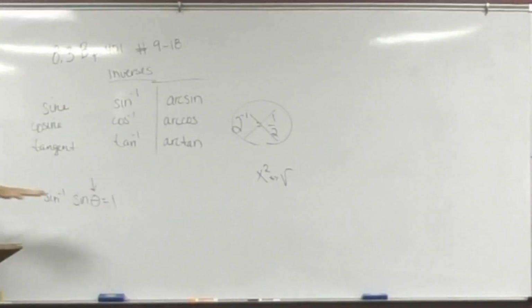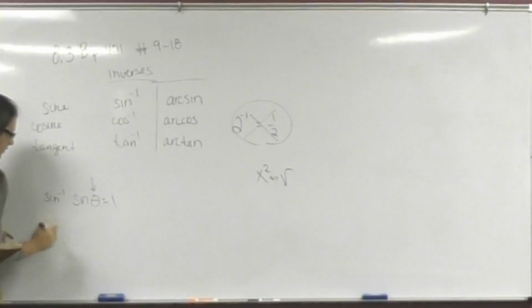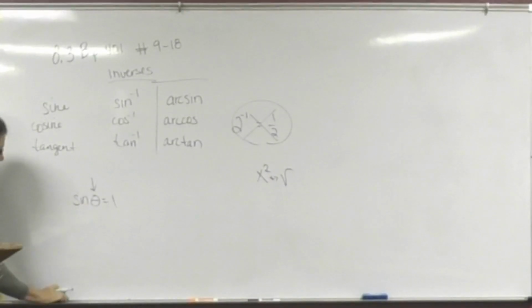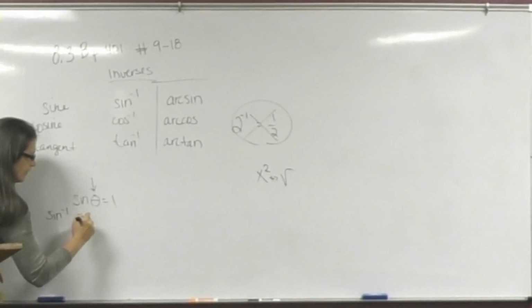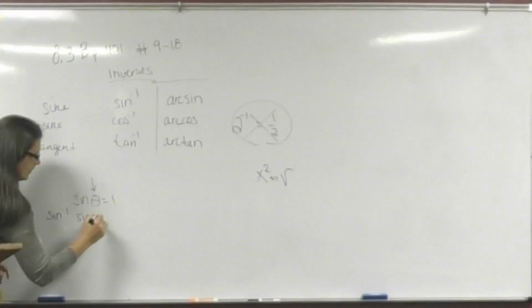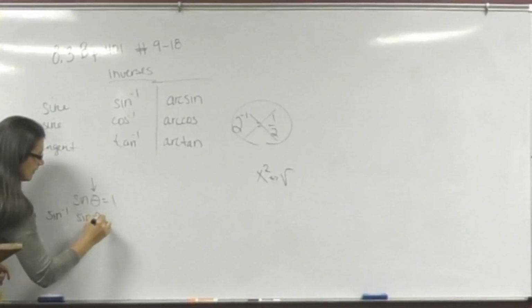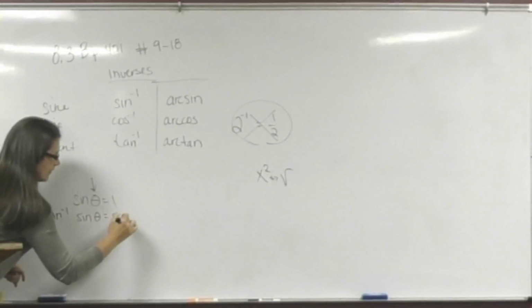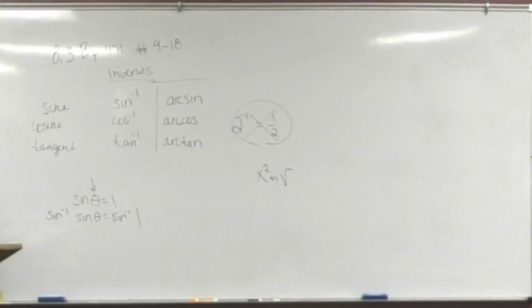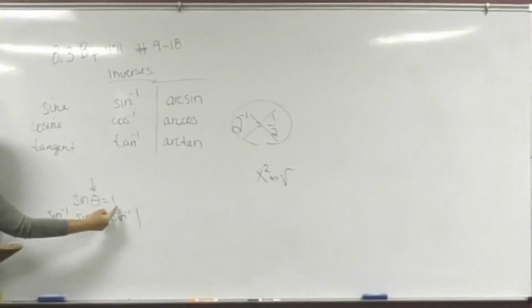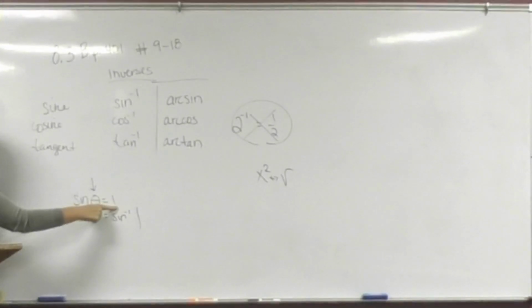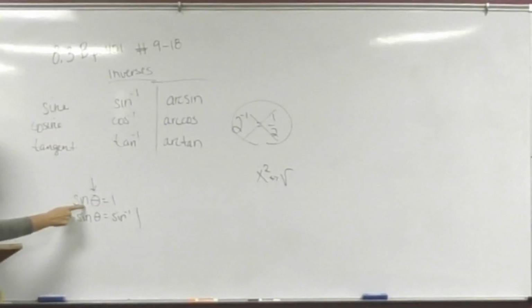And what you do to one side, you have to do to the other. So let me actually pull that down. Okay, so if I'm looking for this angle measurement, I'm given this trig function, and I need to undo sine.